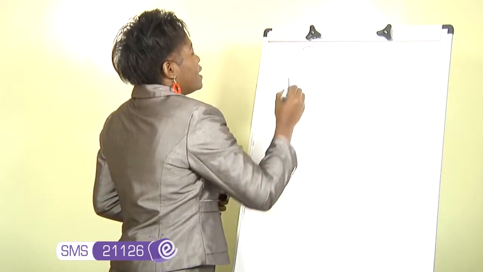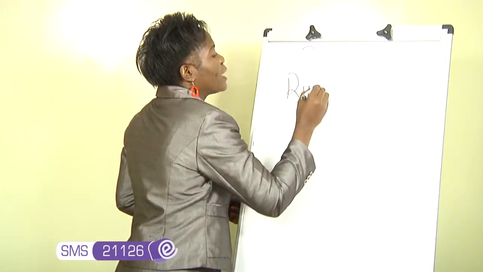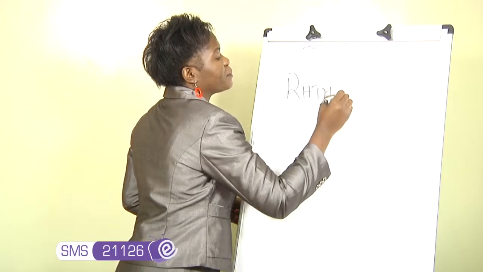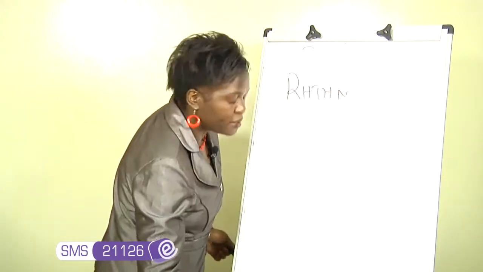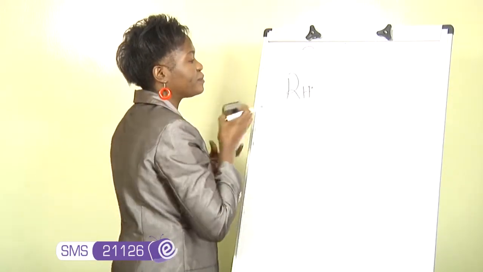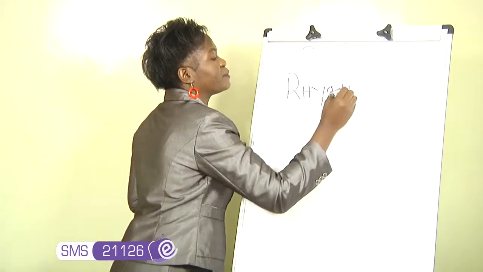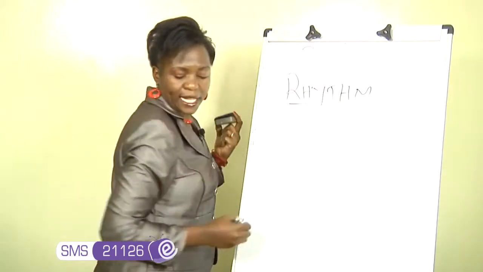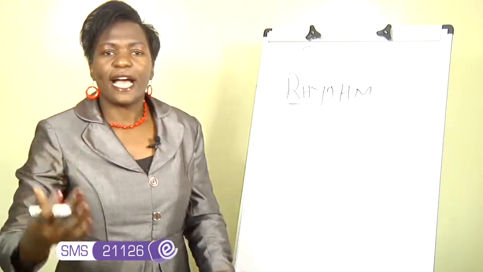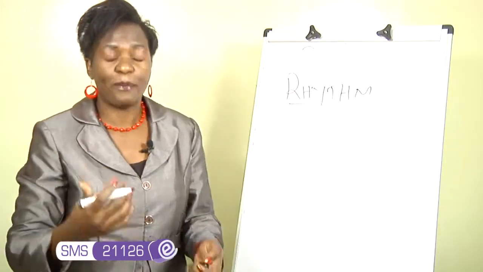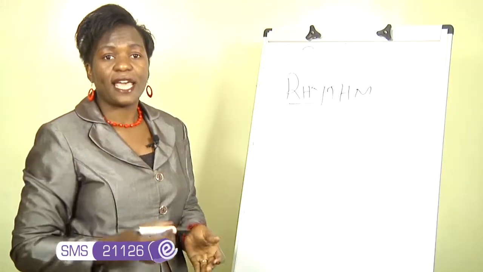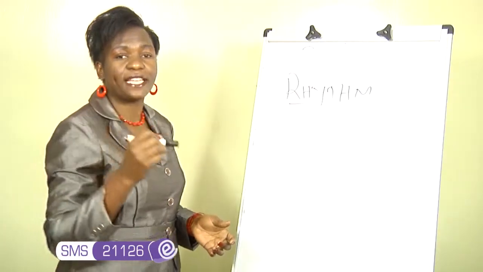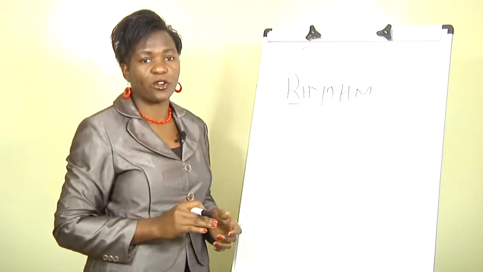This time, we are going to look at rhythm again, and we are going to see how to clap and tap various rhythms. As we do this, we shall divide it into two categories.